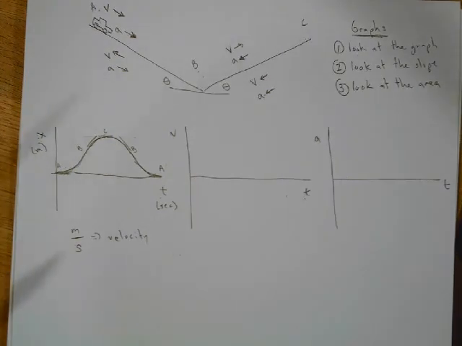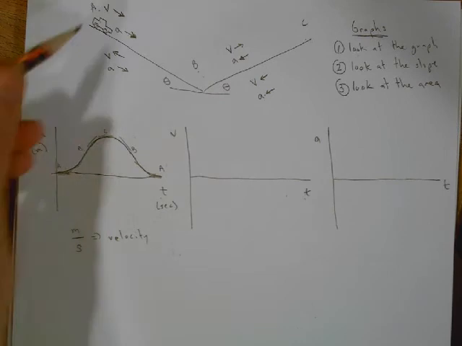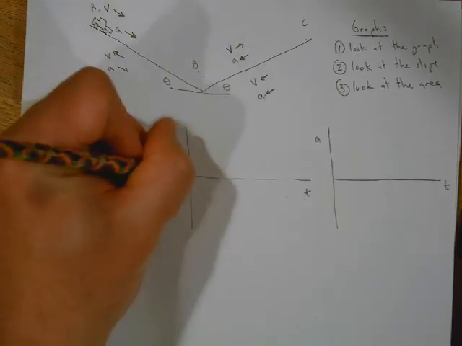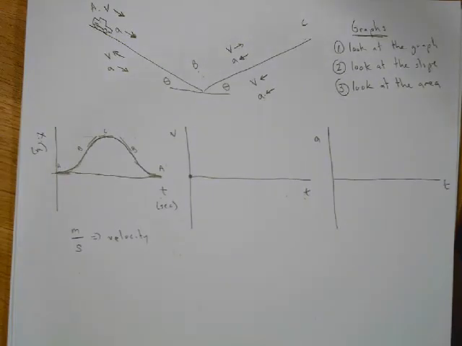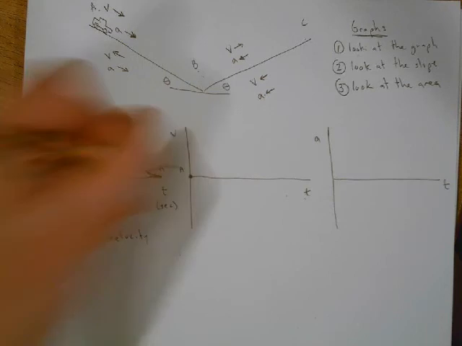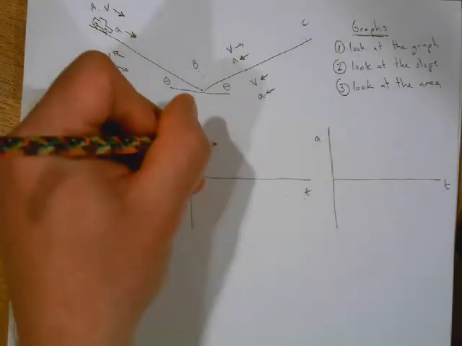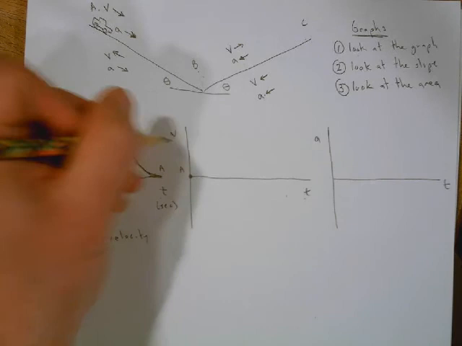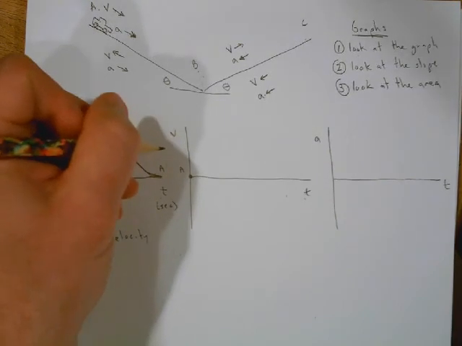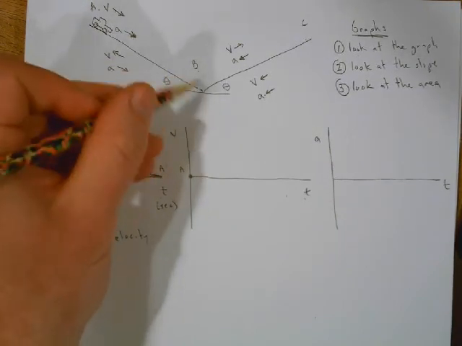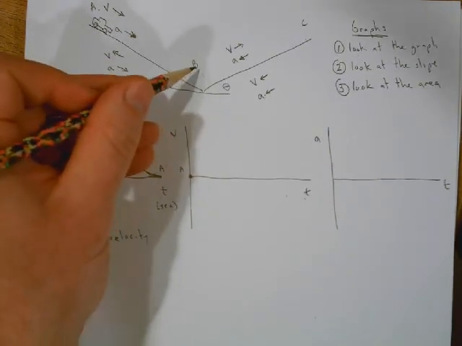If I wanted to do my v versus t graph, there are a couple of things you can do. I'll show you a couple different ways you can think about it. One, let's think about it this way. I'm going to do my point A. Point A, how fast am I moving? Well, I'm not moving. Okay, so there's point A. Point B, which way am I moving? Well, I'm moving forward, so I have to be over here, because remember, positive velocity tells you you're moving forward in this case.